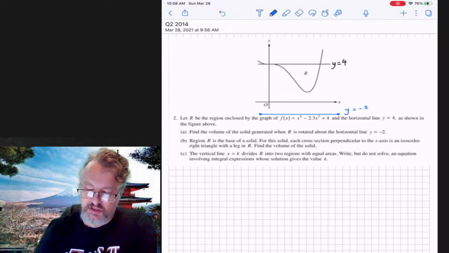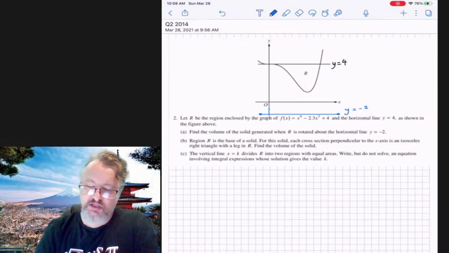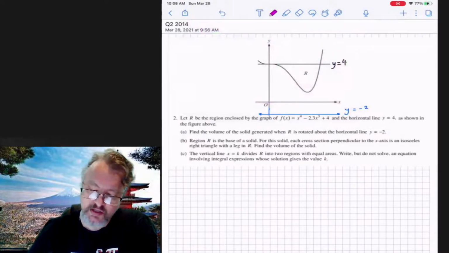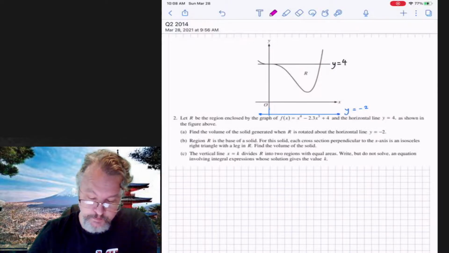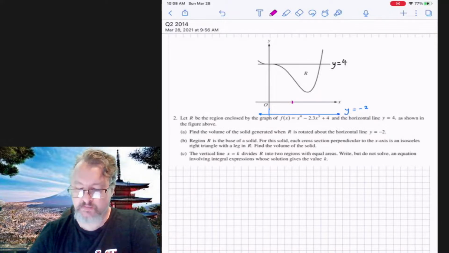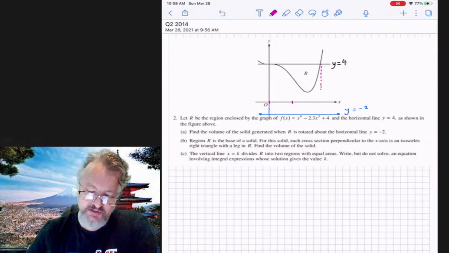We are essentially going to find that volume by using a disk. In order to get that disk, I'm going to take a random value of x right here between 0 and whatever this is equal to.